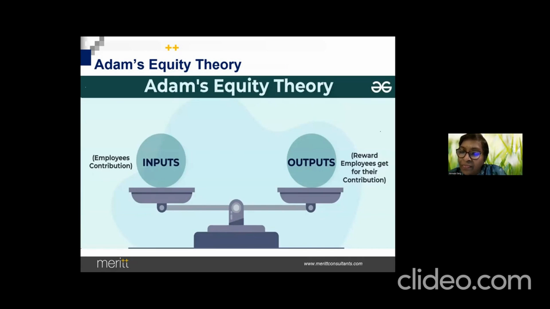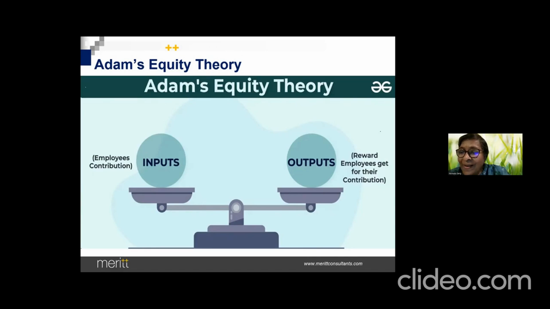How will I know? Tell me. That is interesting. So when will I know input is equal to output? Anybody who has got the right logic. I told you that according to the equity theory, input should be equal to output, and I am very much engaged, motivated, etc. But how will I know it is equal?